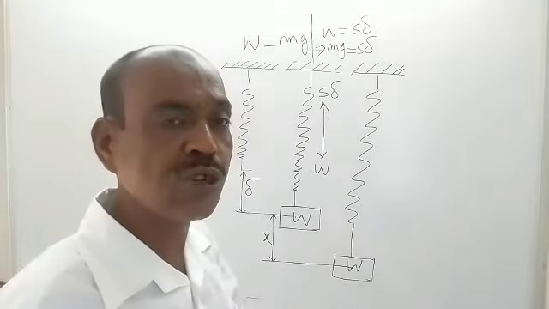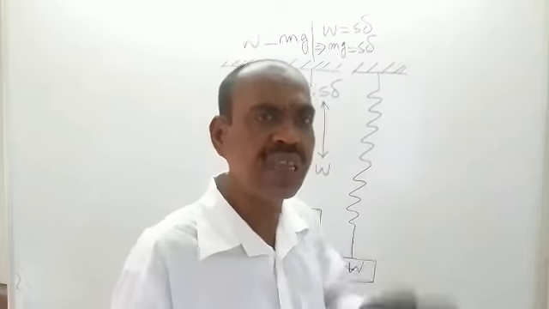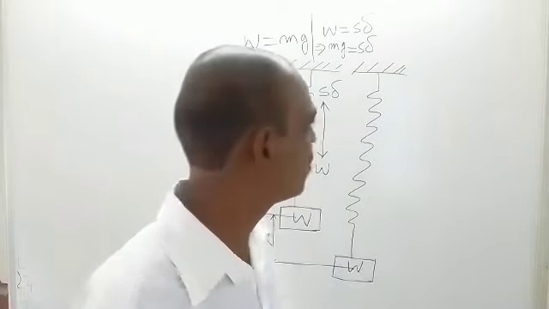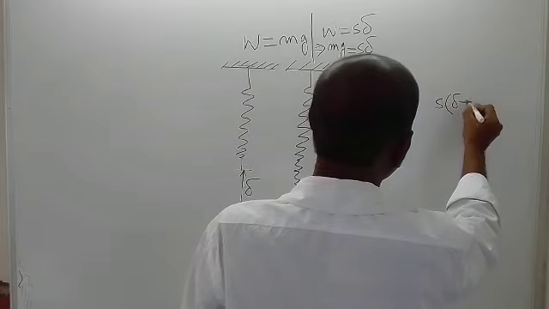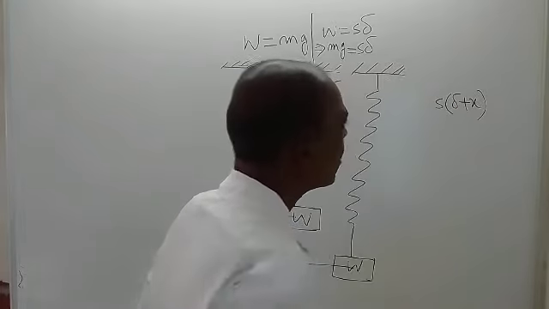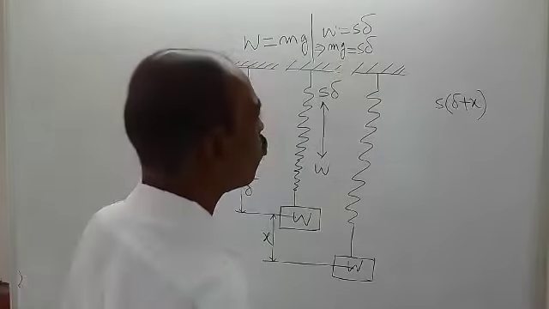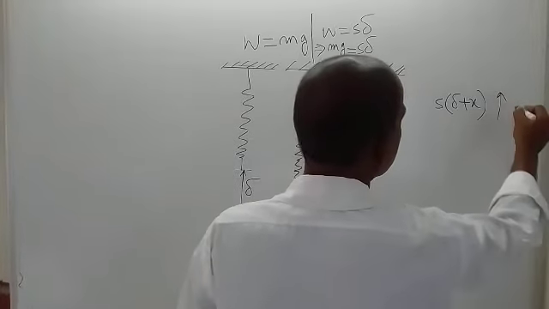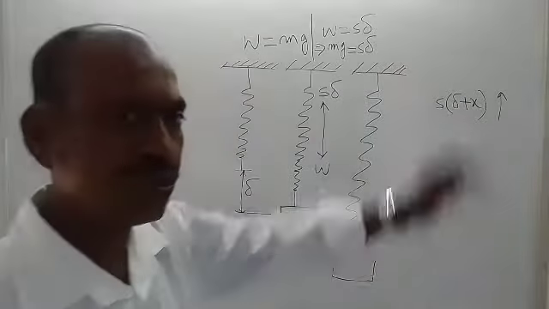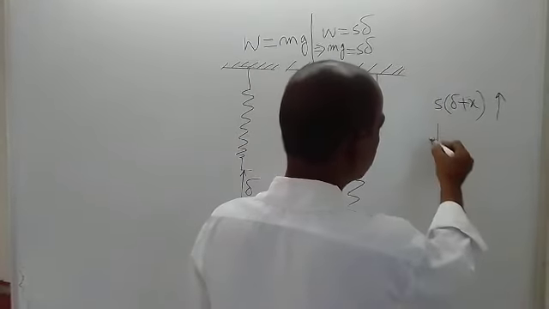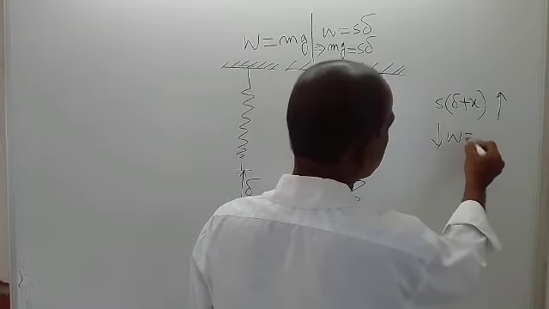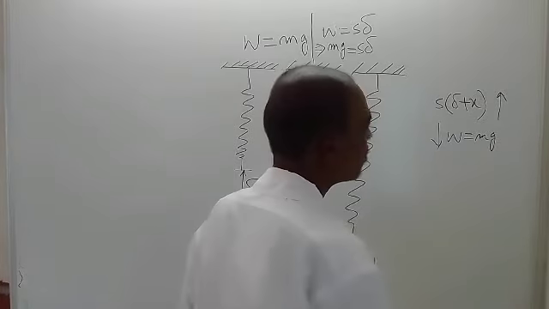The force in the upward direction will be S into delta plus X. I am using this arrow to show you that this is the upward force. And the downward force is W, which is equal to mg.